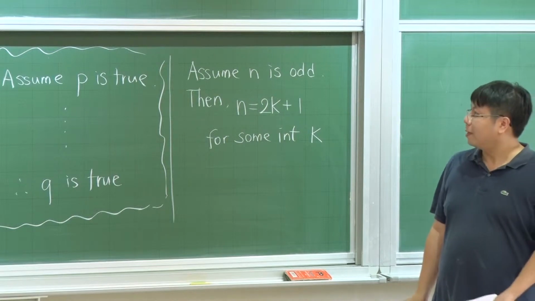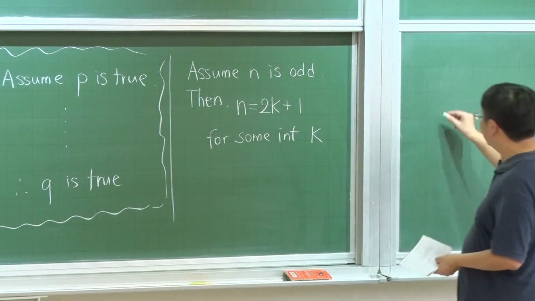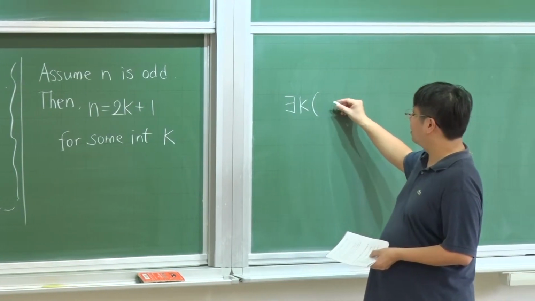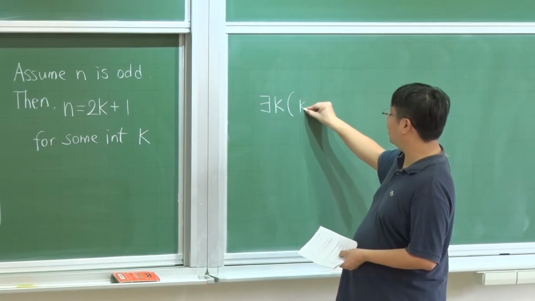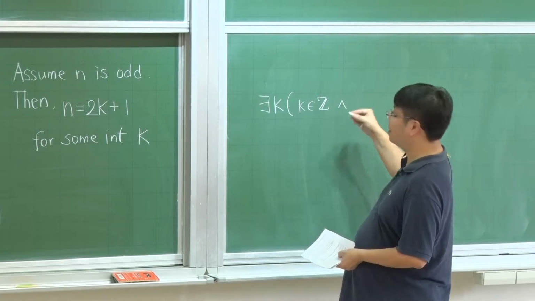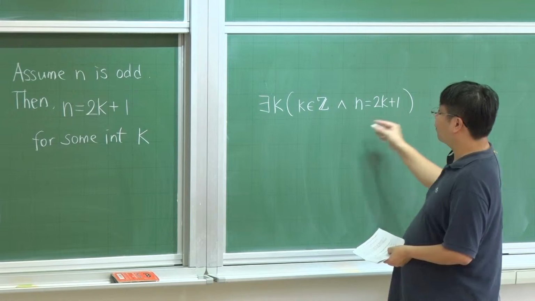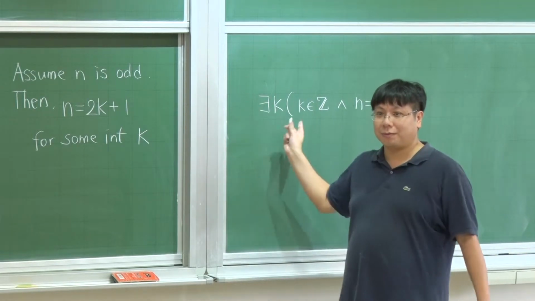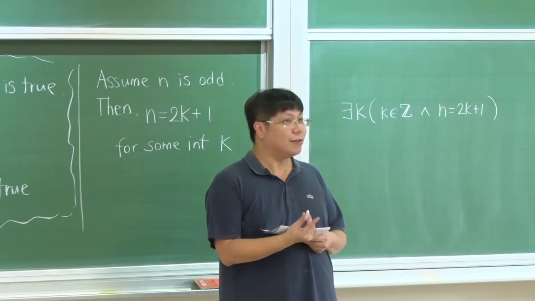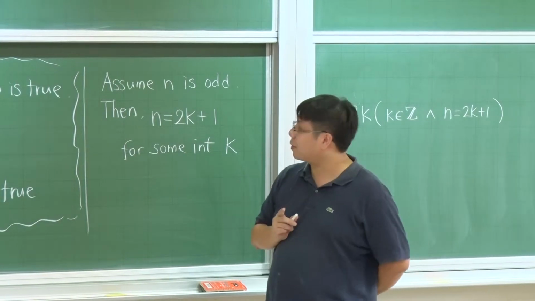We are writing in human understandable language, not something like "there exists k such that k is an integer and n is equal to 2k plus 1." Of course, you can write it like that, they are equivalent, but inside a proof we usually write it for humans to understand rather than for a computer to check. So it is good enough to write it like this.